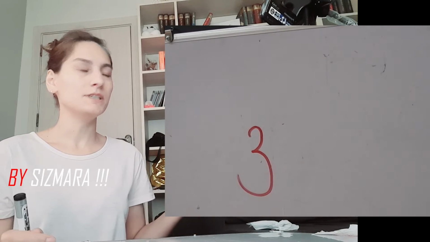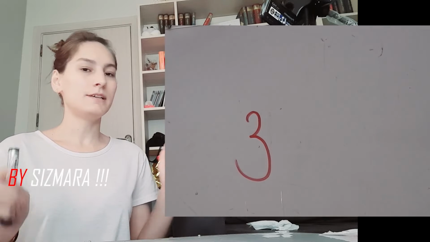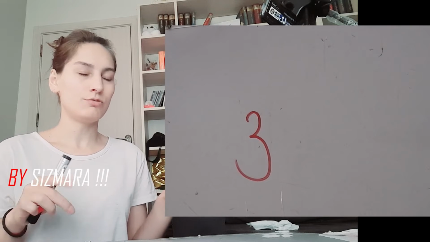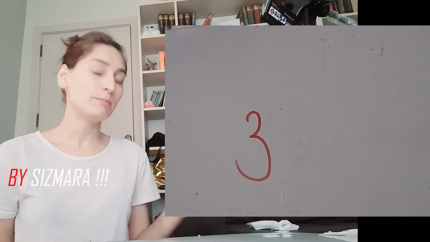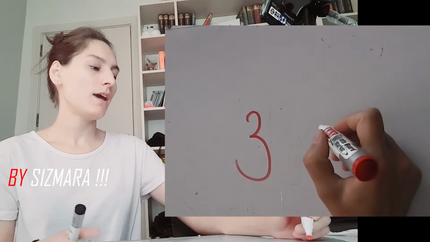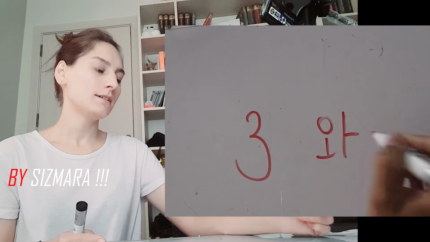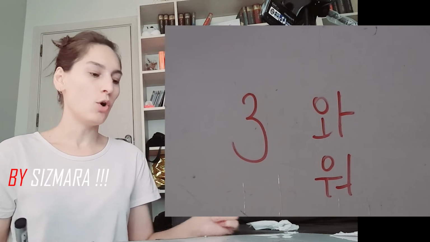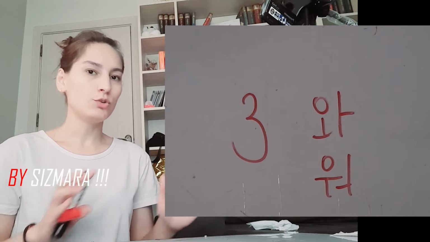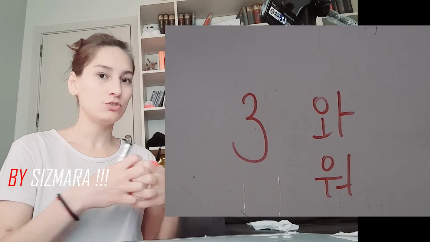This is V. Actually, there is no V in the Korean language. People sometimes use the B sound, but in Korean we have things like wa or wo, so you need to make this combination to make the V sound.